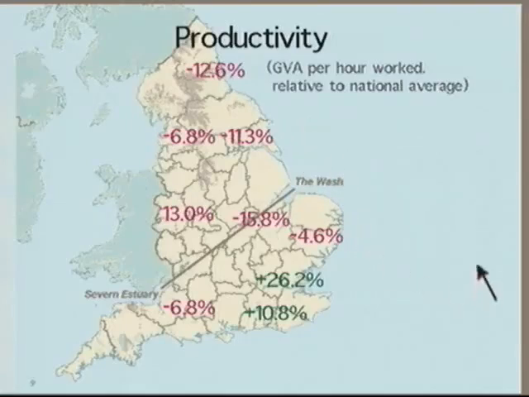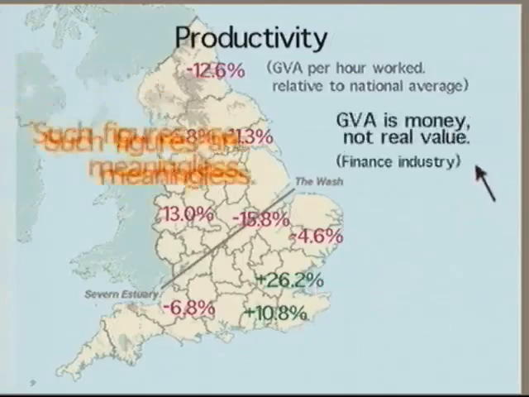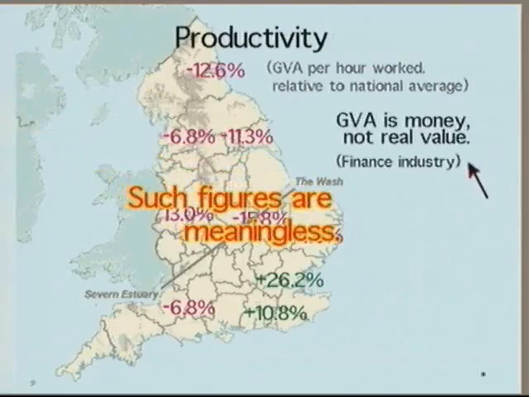No. See, London has the finance industry. So you spend an hour and you add multiple millions to the economy, whereas an hour here you add real work to the economy. This is funny money, so forget it. Such figures are often meaningless.